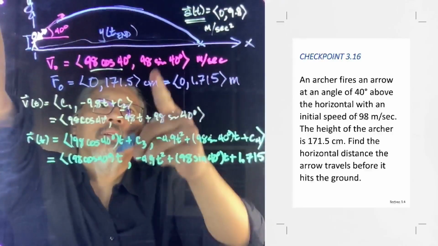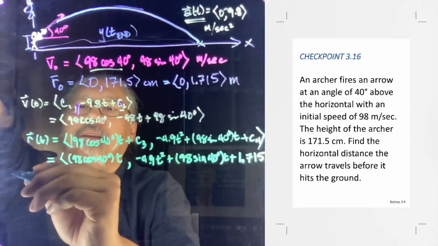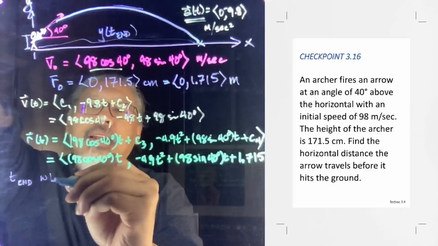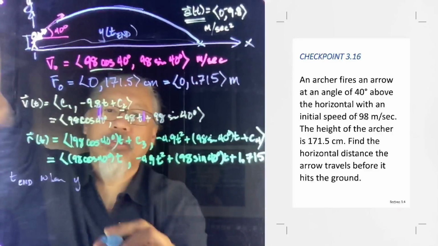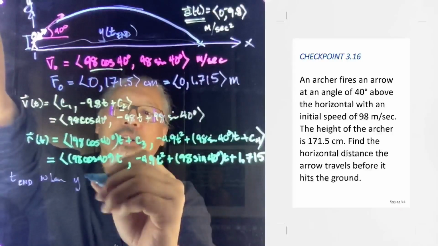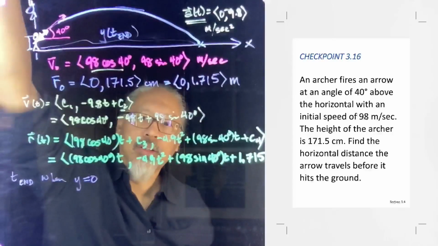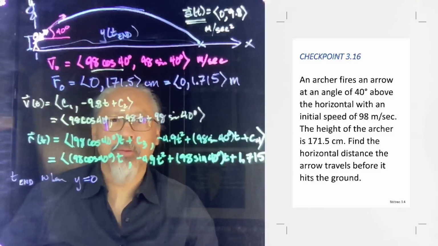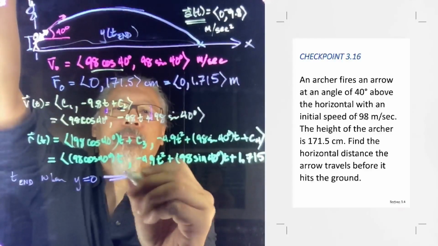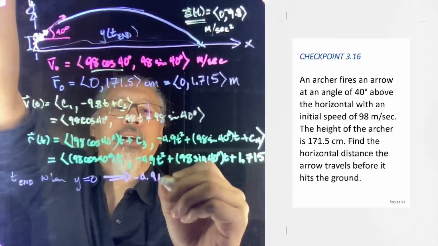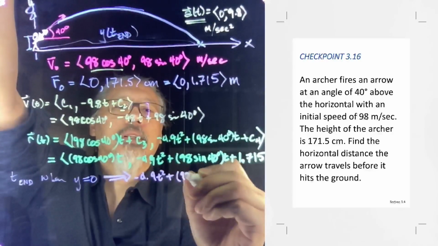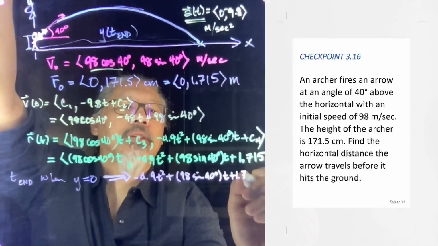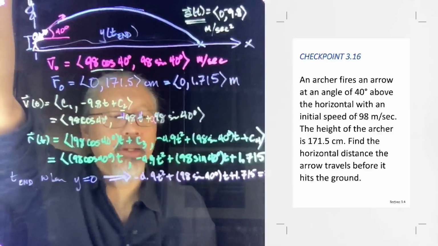That happens at t end, when the y component of your position function is equal to 0. So we set negative 4.9 t squared plus 98 sine of 40 degrees times t plus 1.715 equal to 0.